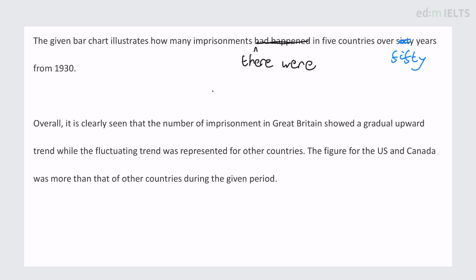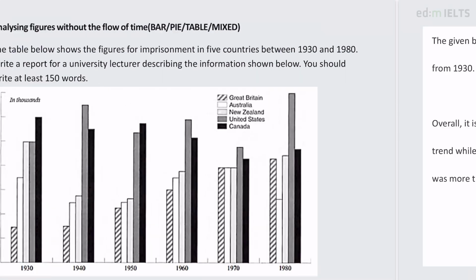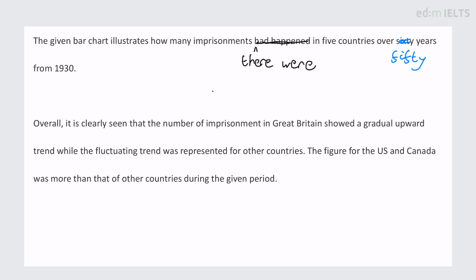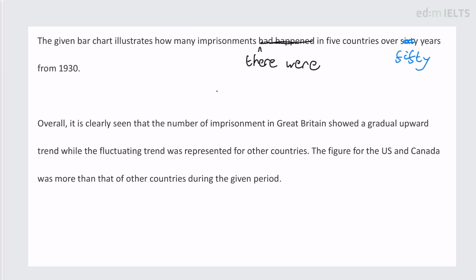And as I said, there's 10 years between each. So if I say over 50 years from 1930, if I'm just reading this and I can't see the bar chart, I might think, oh, so there's lots of data for that 60-year period, but there isn't. There's just data for every 10 years. So I'm going to add that.